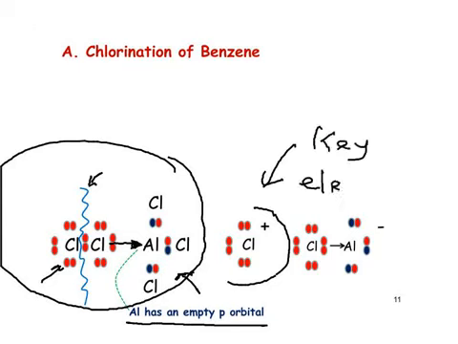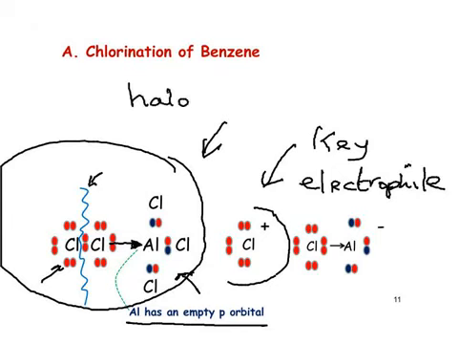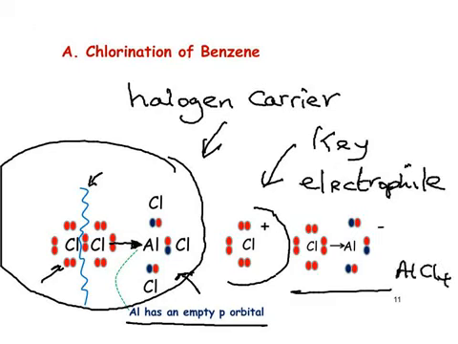That is the electrophile. The aluminium chloride is behaving as what we call a halogen carrier. As well as that, we'll get AlCl4 with a minus charge.